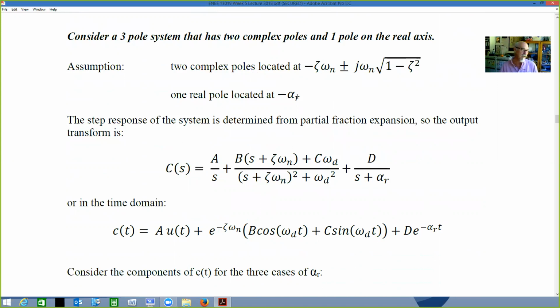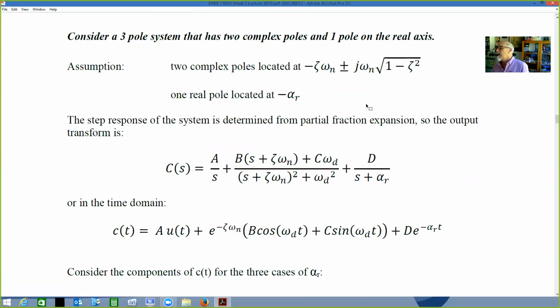Now remember, we're going to do the mathematical background and the mathematical design, and you'll see when we apply it in the tutorial problems, your assignment, or in a work example for argument's sake, that's when hopefully it will make more sense to you. The step response of the system is determined from the partial fraction expansion.